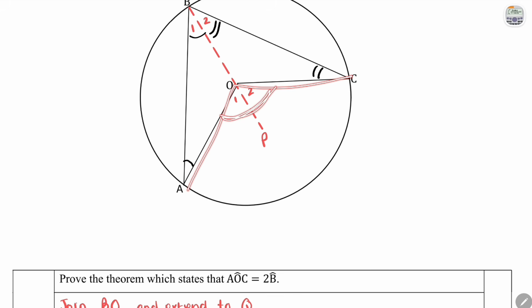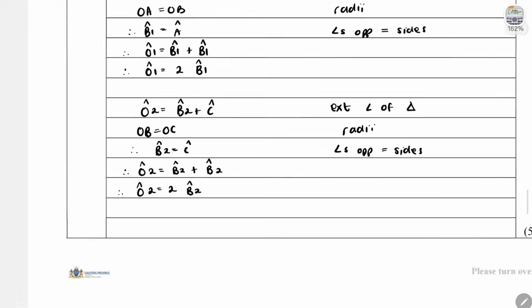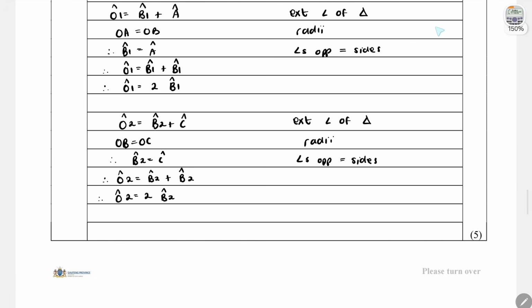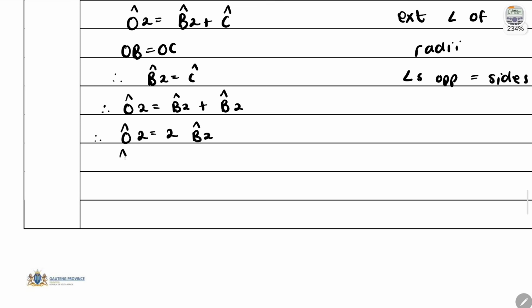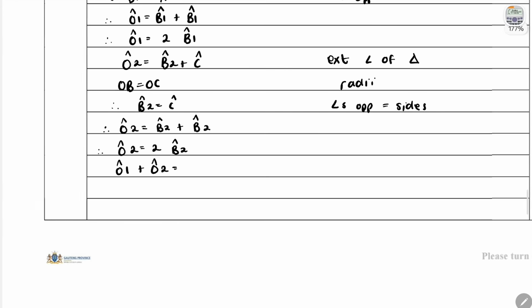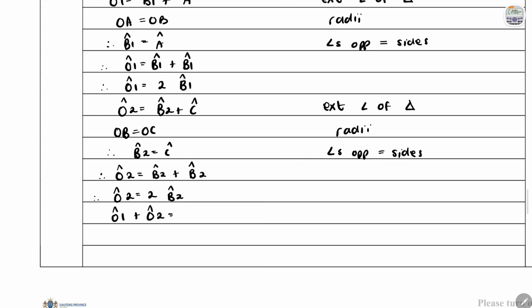If we add angle O1 and angle O2, they make up angle AOC. So let's go ahead and do that so we can find that. So angle O1 plus angle O2 is equal to, now angle O1's final equation, it was equal to 2 angle B1. So we'll say 2 angle B1 plus angle O2's final equation was 2 angle B2.